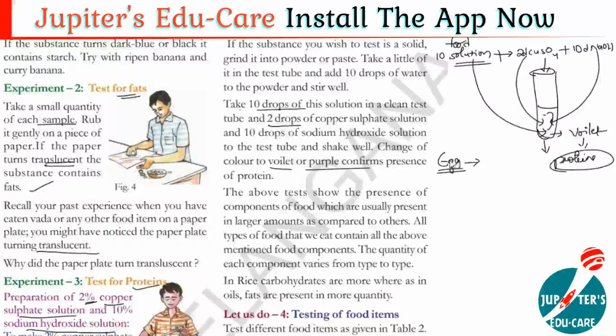So egg contains protein. If you want to eat protein food, we can take the egg. Likewise, these kinds of tests are useful to find out the food components present in them. So this is a test for carbohydrates, nothing but the starch test, for fats, and at the same time the protein test.